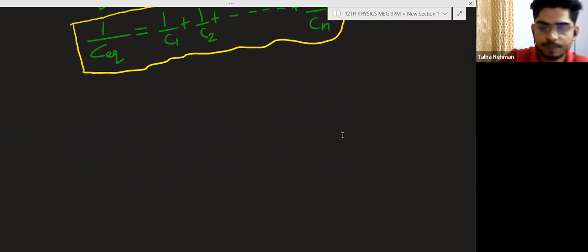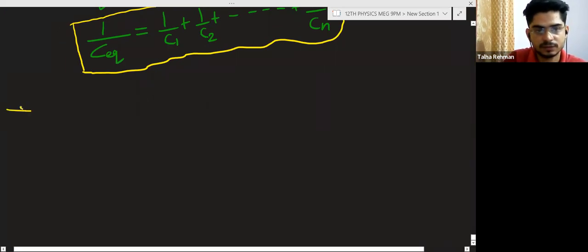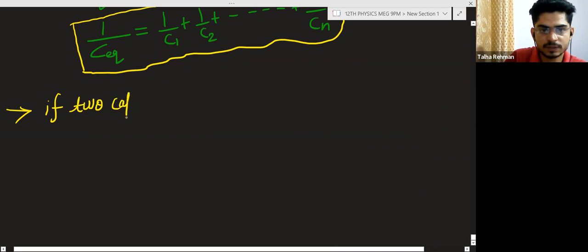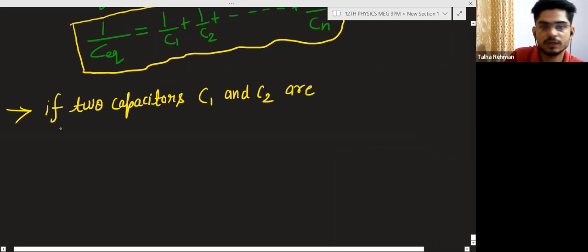So in the series combination of capacitors, the equivalent capacitance is calculated like this. If two capacitors, C1 and C2, are connected in series.